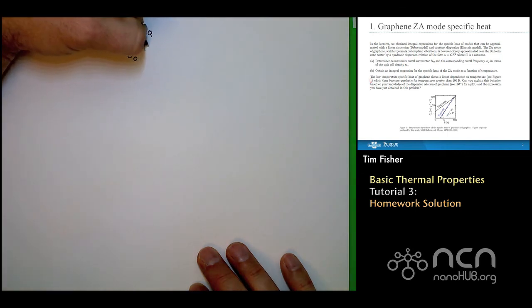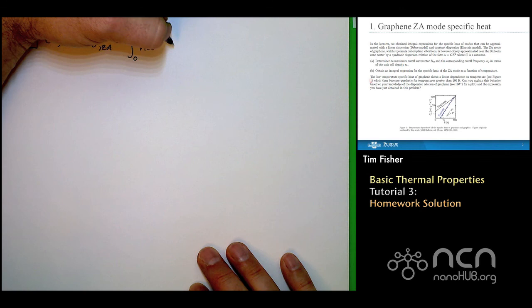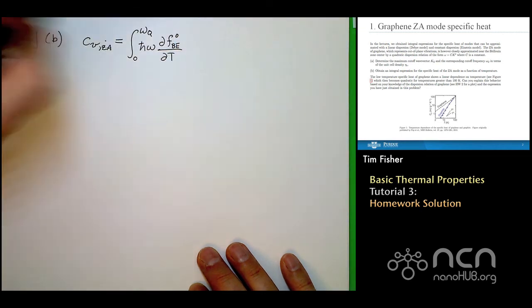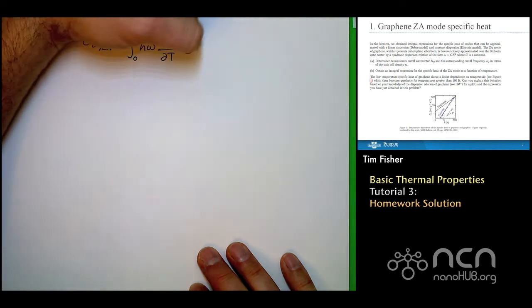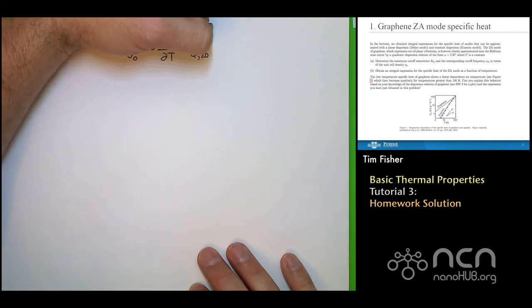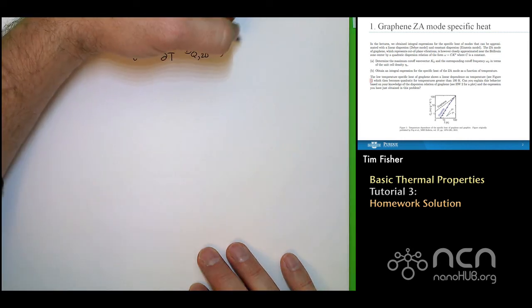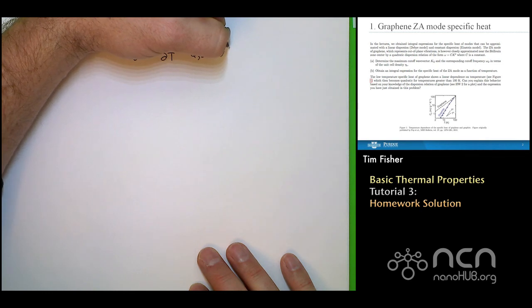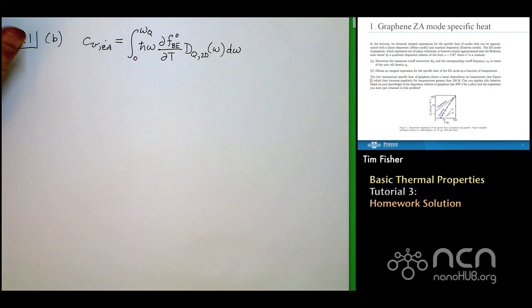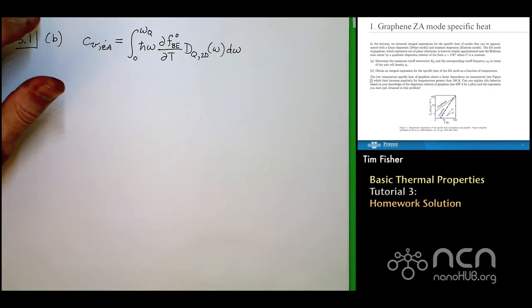So we have an energy term, that's h bar omega, and then we have our derivative of the distribution function, in this case the Bose-Einstein distribution function, with respect to temperature, multiplied by our density of states. And again, I'm going to put that Q subscript on here just so that you can remember that it's a special density of states, which we haven't yet calculated, but we will. And I integrate over frequency space, but only up to the cutoff frequency.